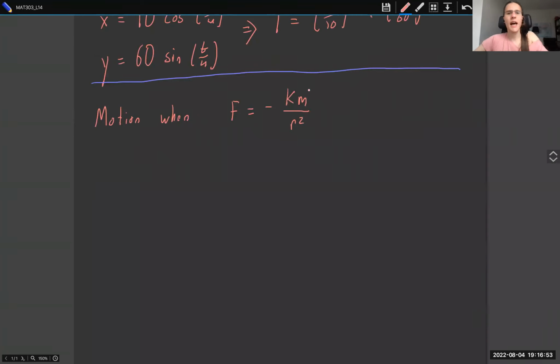Now, what's going to happen is this is again in the plane, by our theorem on reducing motion to the plane.